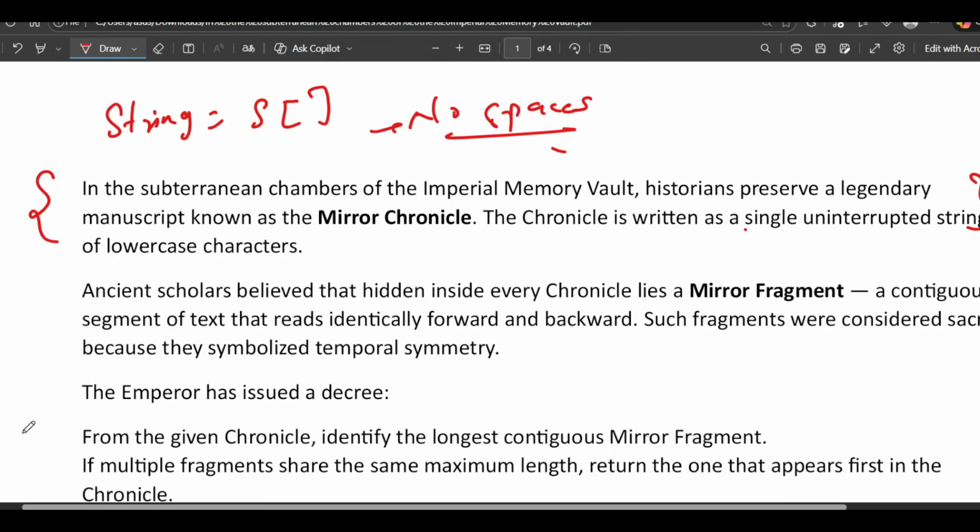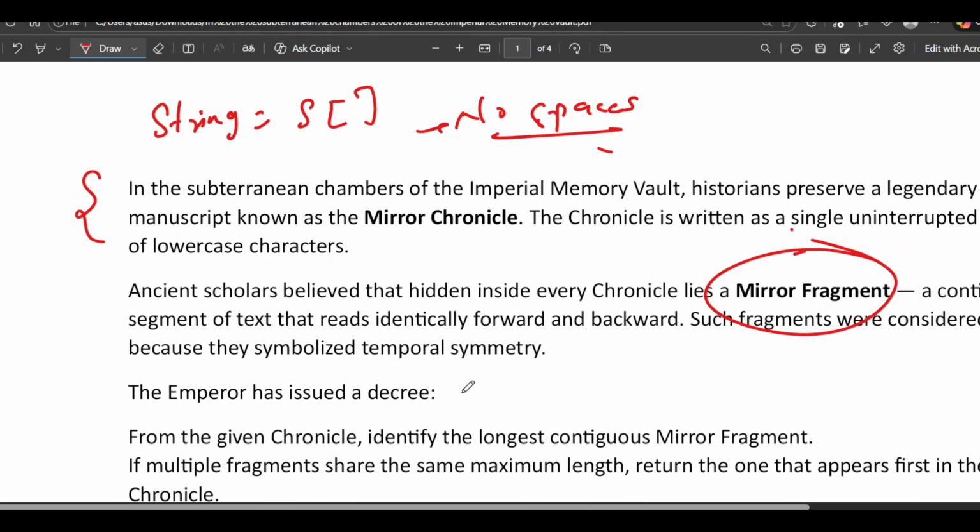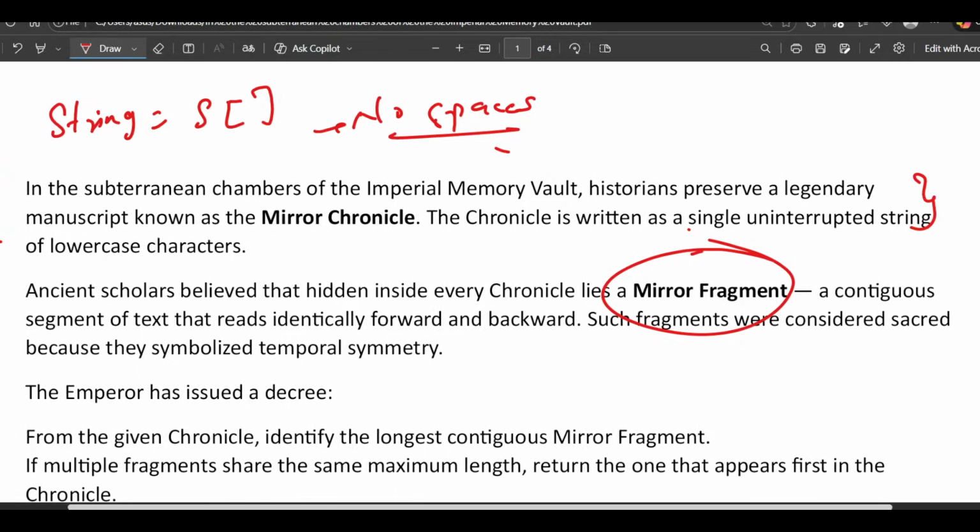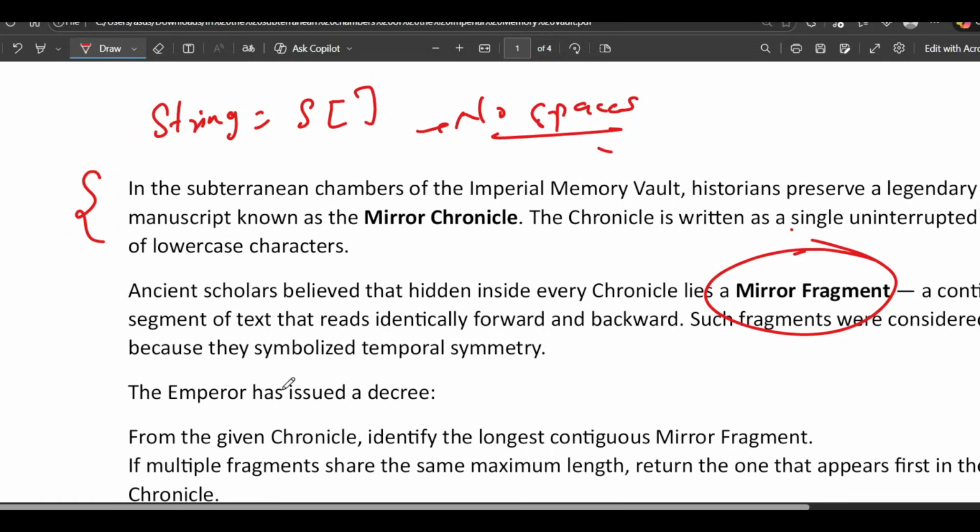Ancient scholars believe that hidden inside every chronicle lies a mirror fragment. Another important word, mirror fragment: a contiguous segment of text that reads identically forward and backward. Such fragments were considered sacred because they symbolized temporal symmetry.